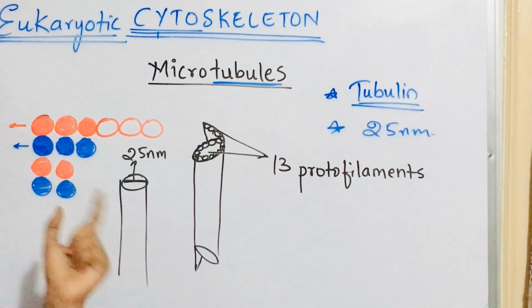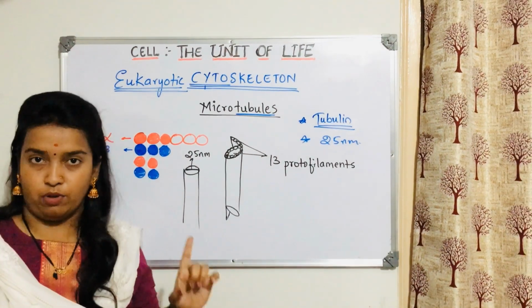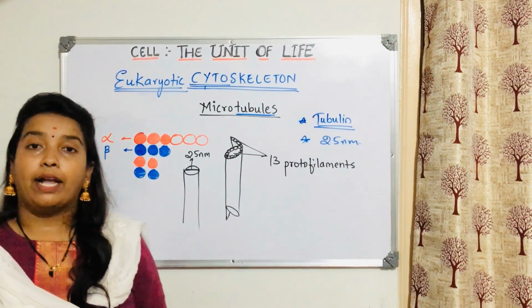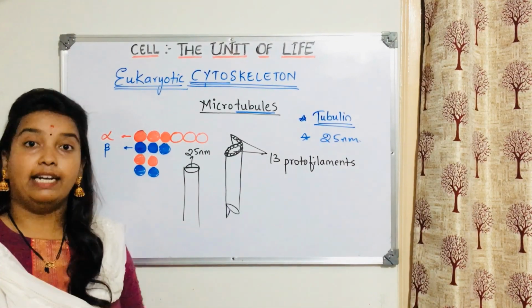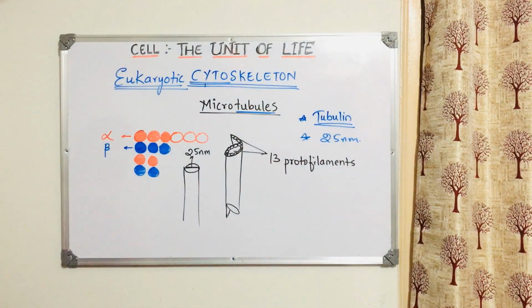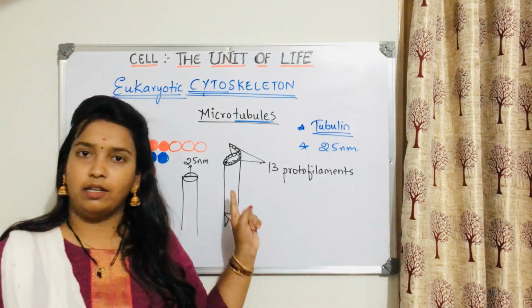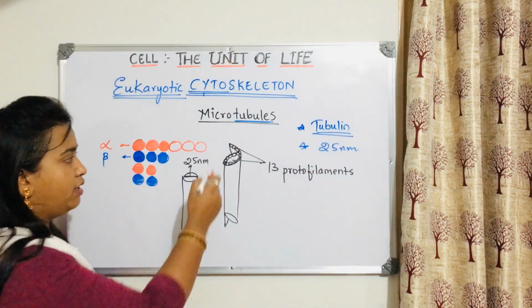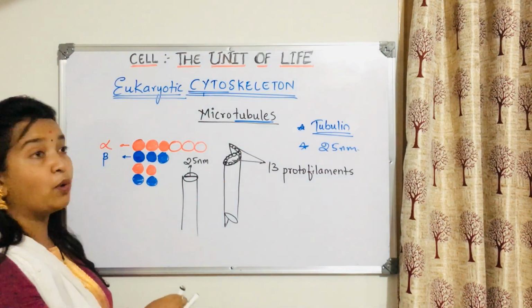They join together to form one microtubule. Clear? Next we'll be talking about microfilament and intermediate filament. I hope you understood this microtubule, right? There should not be any confusion with this protofilament.